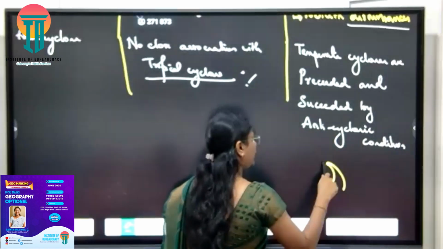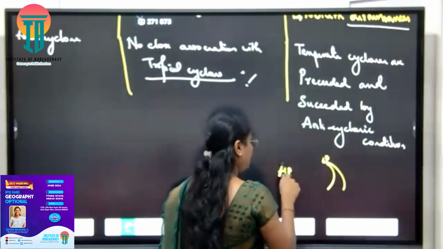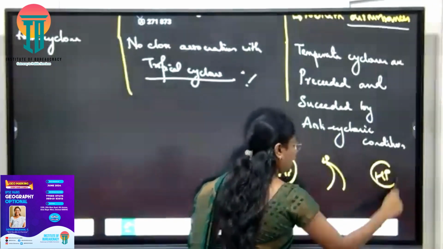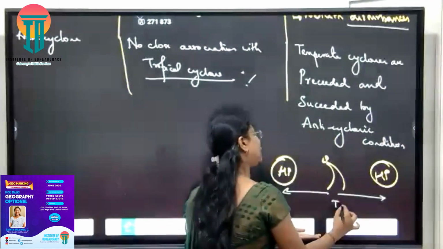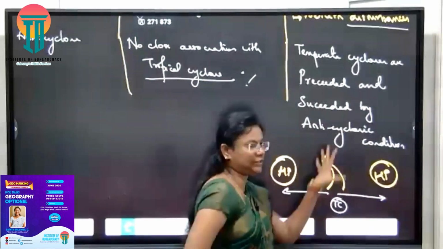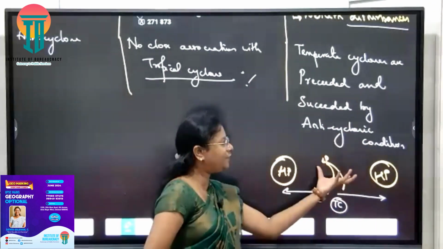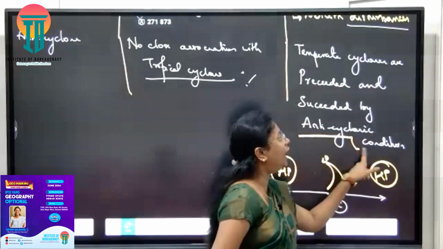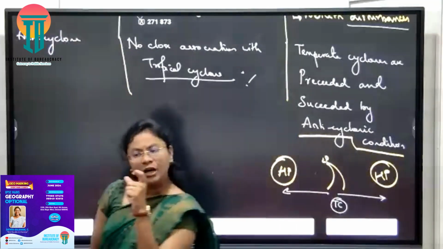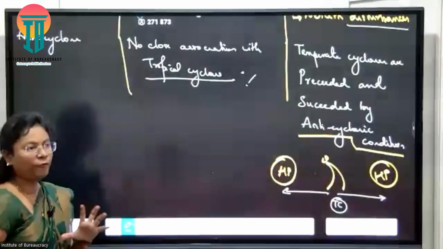Meaning cyclonic condition வரதுக்கு முன்னாடியும் பின்னாடியும், இதான் preceded, இது succeeded. So temperate cyclone ஒரு region form ஆகுதுன்னா அந்த regionக்கு அந்த cyclone activityக்கு முன்னாடியும் பின்னாடியும் எந்த atmospheric condition இருக்கும், anticyclonic condition இருக்கும் for a short duration.